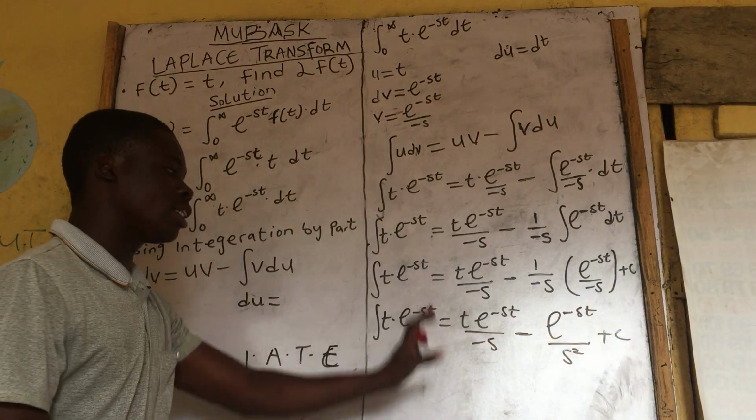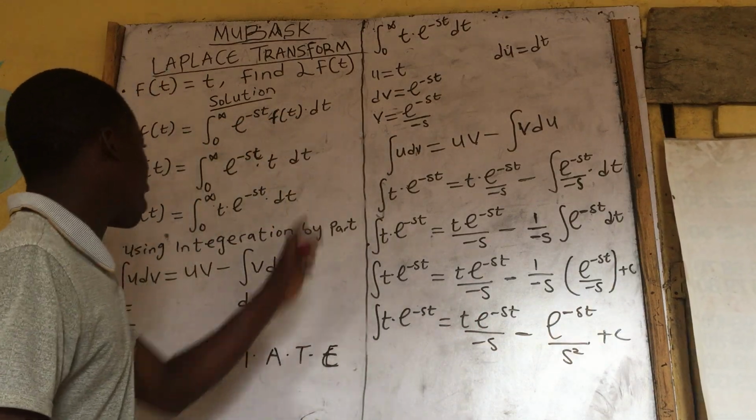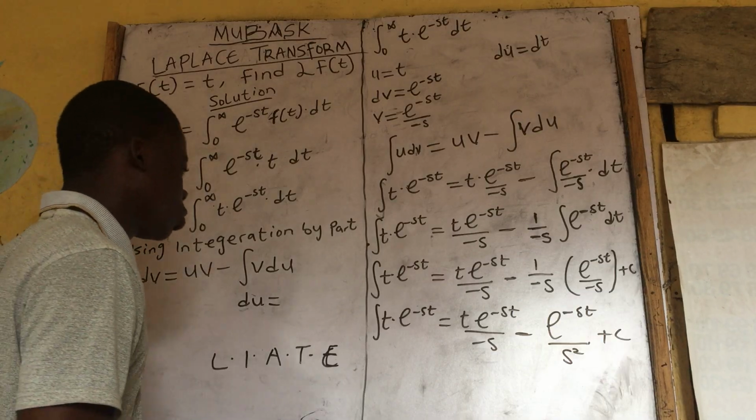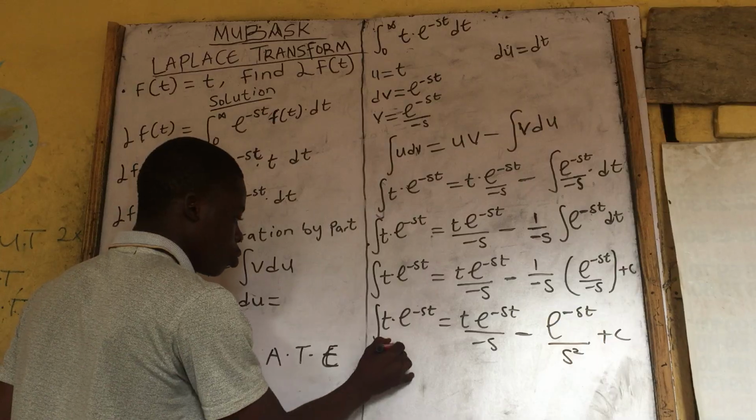So we have finished integrating. But don't forget, they are giving us an upper limit and a lower limit, which is infinity to 0.